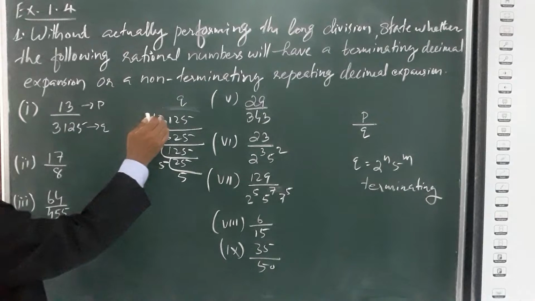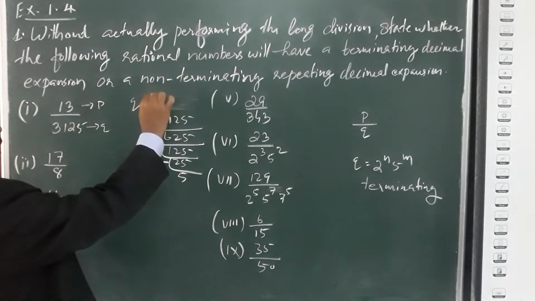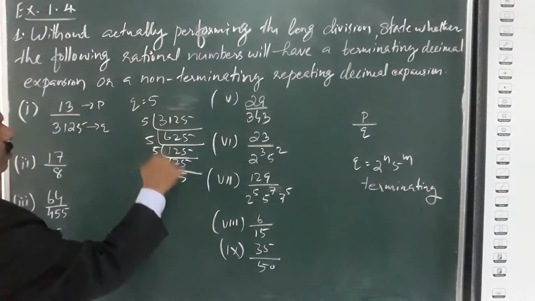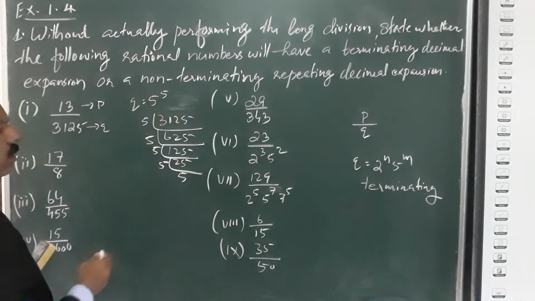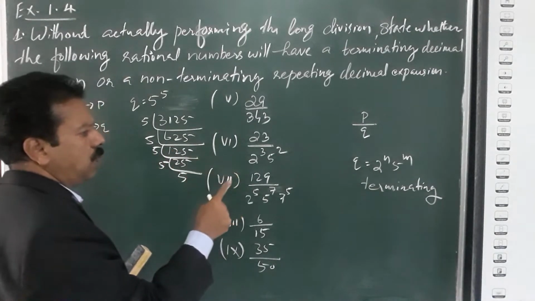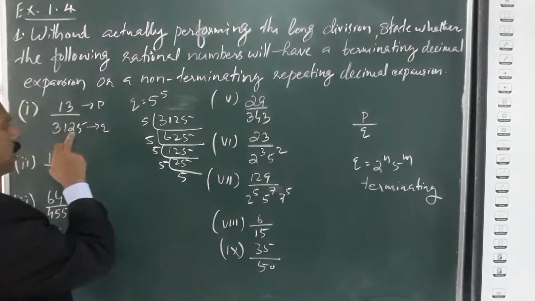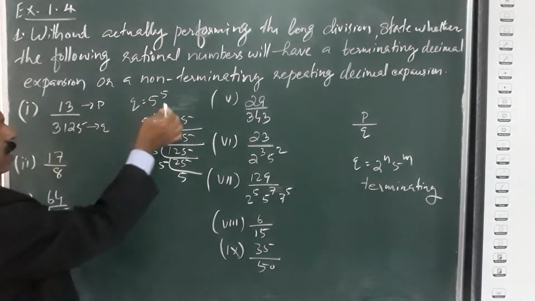Now q is of the form 5 raised to 5. Therefore, if the denominator has factors of 2 only or 5 only or both 2 and 5, it is a terminating decimal expansion.